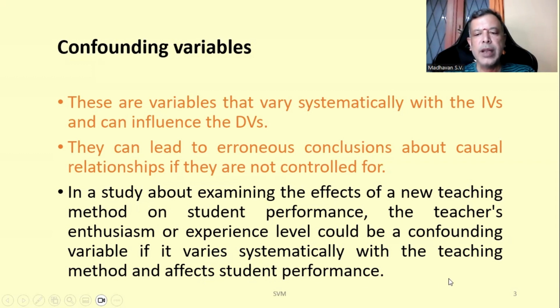See here, teaching method is considered to be the independent variable and the student's performance is expected to be the dependent variable. So if the teacher's enthusiasm and experience level varies along with the independent variable, that is the teaching method, then that becomes a confounding variable. It will have an effect on the outcome also.